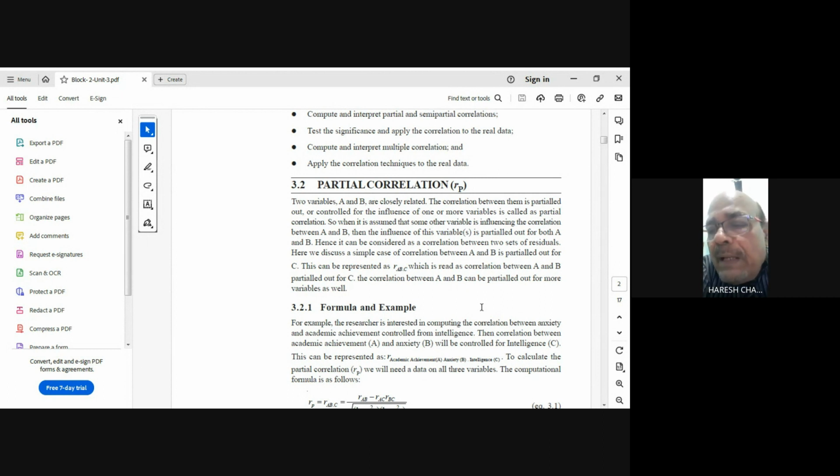If we want to find out the correlation between height and weight, our interest is to know the correlation between height and weight. They are positively related. But at the same time, we also know that age is a factor influencing the weight of people despite someone's height.